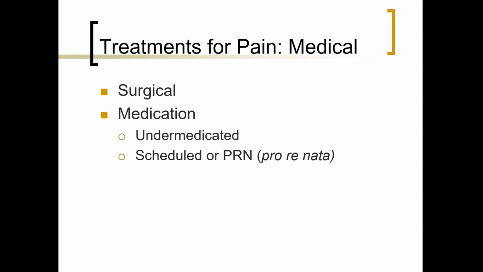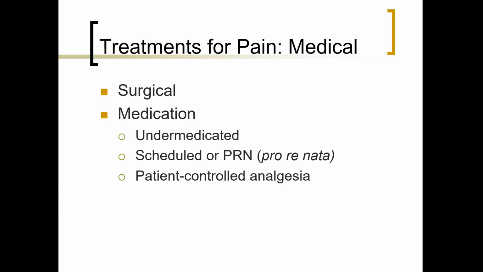So based on the patient's pain report, they might be administered pain medication if they tell their doctor or tell the nurse. Patient-controlled analgesia, which means pain relief, has become more popular, allowing the patient to have control over when medication is delivered rather than having to ask for it or being on a particular schedule.